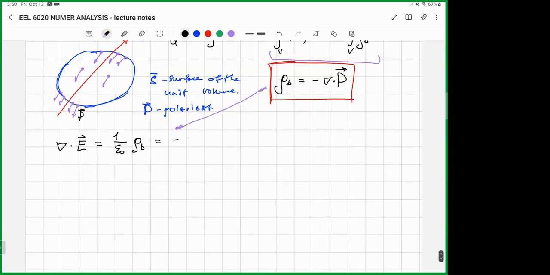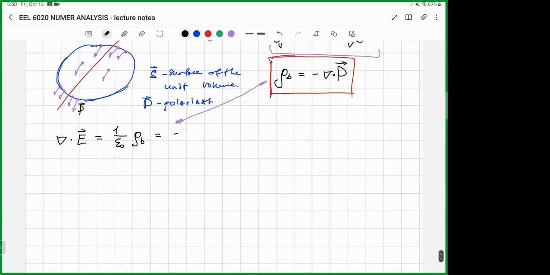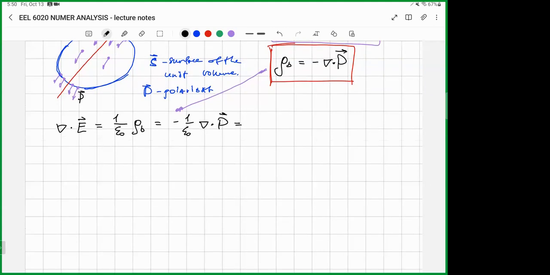So what I get is minus 1 over epsilon 0 divergence P. Let me subtract the right side from both sides, and I get divergence E plus 1 over epsilon 0 divergence P equal to 0, right?